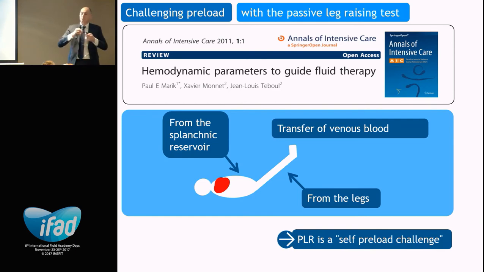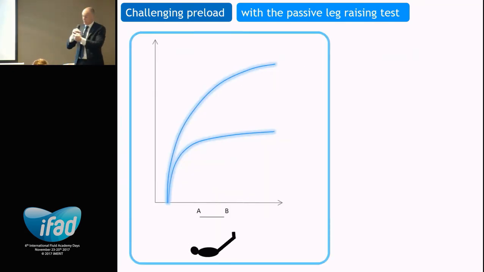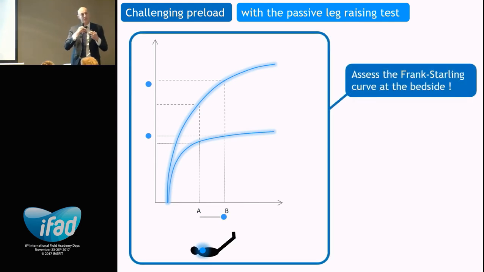And so it's a reversible, not fluid, but preload challenge. In fact, it is a way to test the Frank-Starling curve at the bedside. This is what's called dynamic assessment of fluid responsiveness.